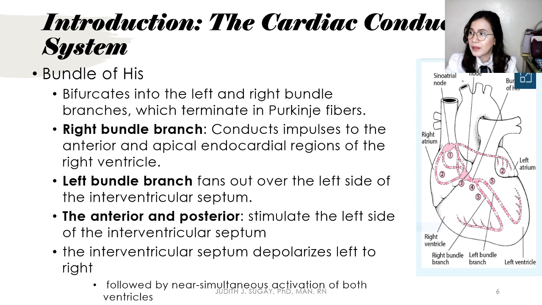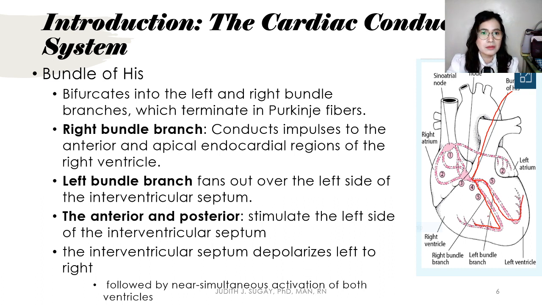As you can see here in the illustration, if this is the bundle of His, it enters here, the top of the interventricular septum, and then it bifurcates into the right and into the left.